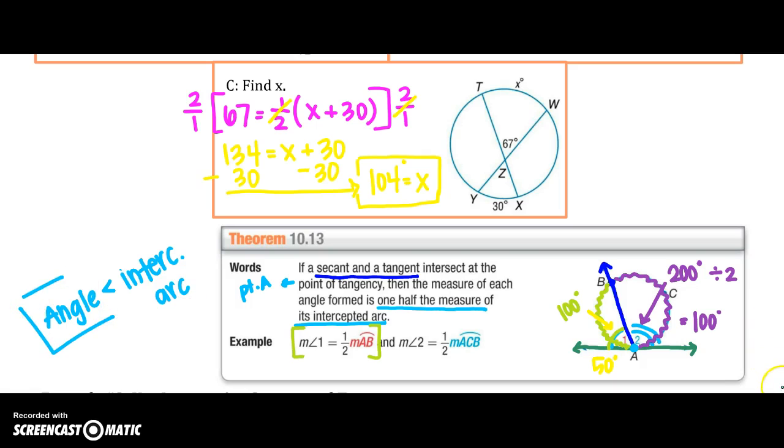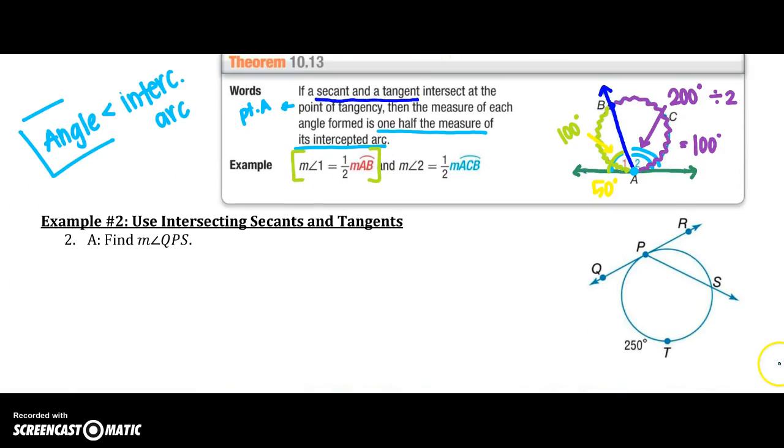Alright. So if I'm trying to find the measure of angle QPS, so I want to find that angle right there. Its intercepted arc would be PTS.